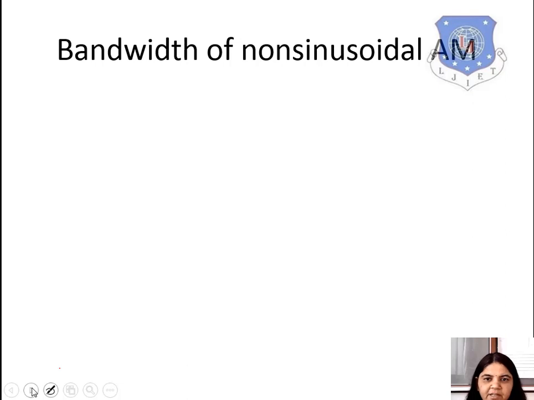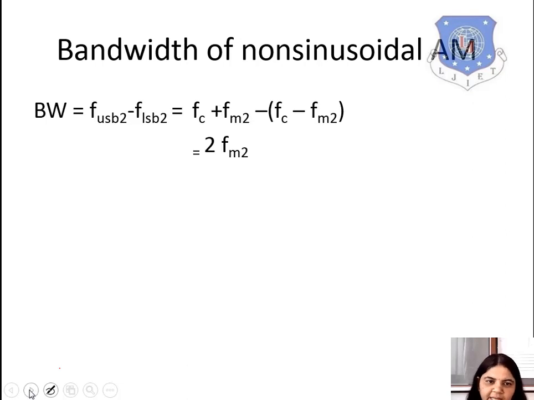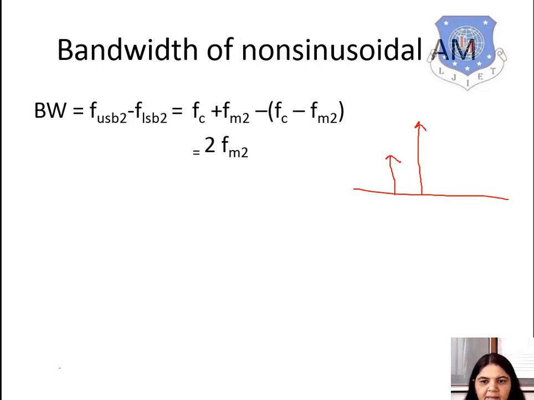Now the bandwidth of non-sinusoidal AM. What is the bandwidth? In the spectrum you have seen, the band was FUSB2 minus FLSB2. We have drawn it like this, so you can have an idea about it: this was my spectrum, and the spectrum contains the 4 sidebands and 1 information signal.